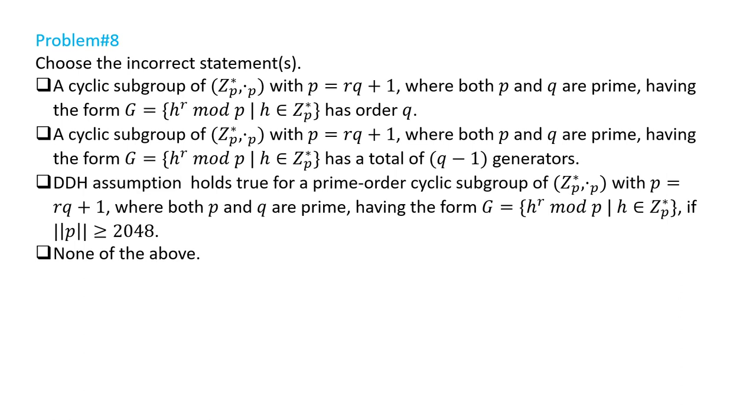As you know, for a cyclic prime order group, all the elements in the group except the identity element are generators of the group.